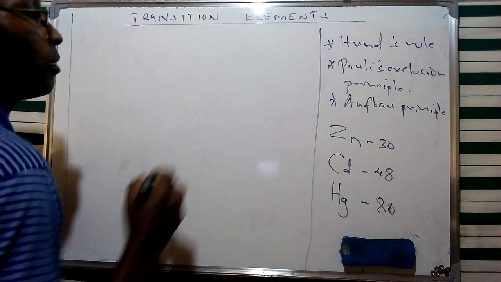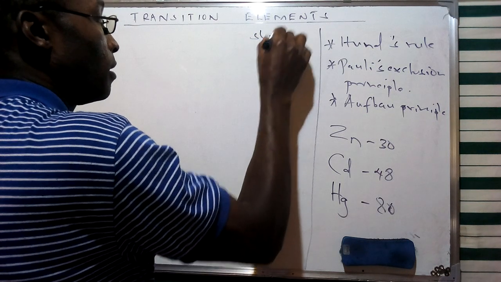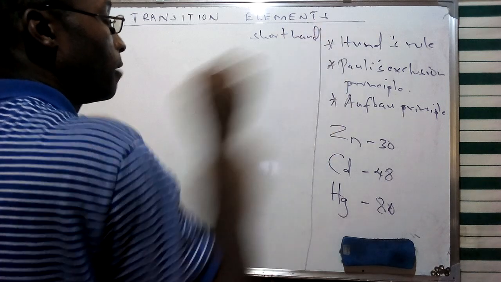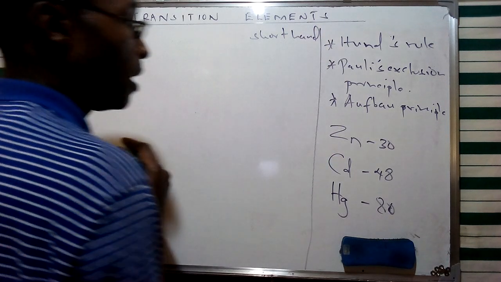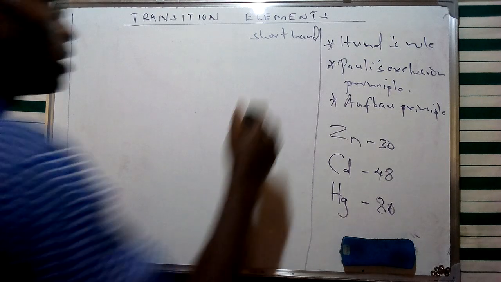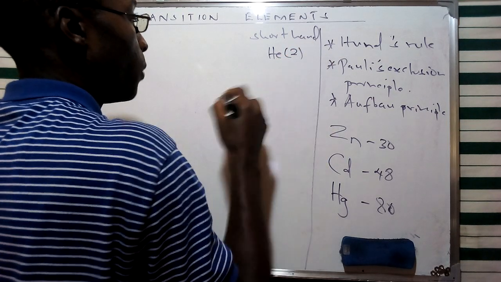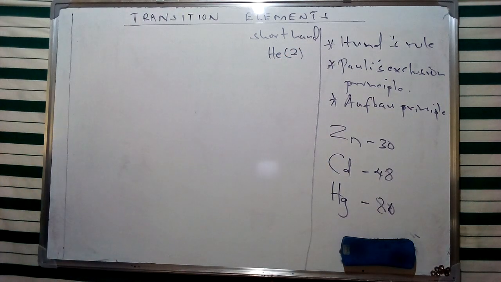I said that we are going to use a shorthand notation in trying to assign electronic configuration for various elements of the periodic table. This constituted the use of noble gases in giving these particular elements their electronic configuration. So for us to find the electronic configuration of the above elements, we are going to use these noble gas elements, which I'm going to list together with the atomic number.